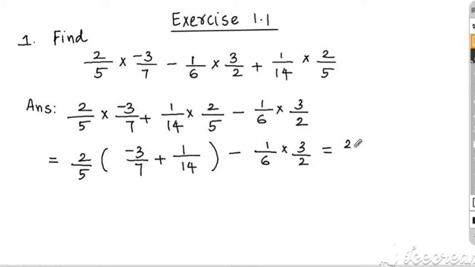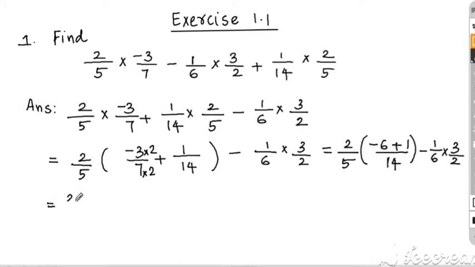So we know that if denominators are the same, then you can add the numerators. So multiply negative 3 by 7 by 2, so that the denominator becomes 14. So this is equal to 2 by 5 times negative 6 plus 1 divided by 14 minus 1 by 6 times 3 by 2.